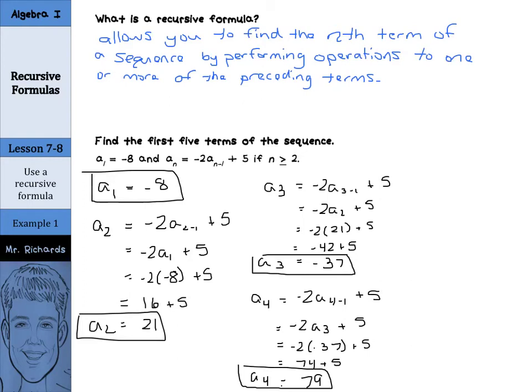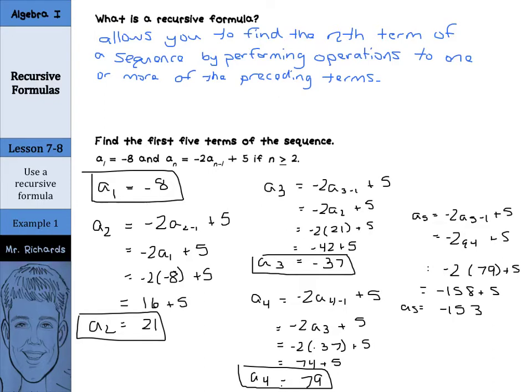Now lastly, the fifth term, we're going to take -2 times the fourth term plus 5, and our fourth term was 79. And -2 times 79 is -158, plus 5 is -153.